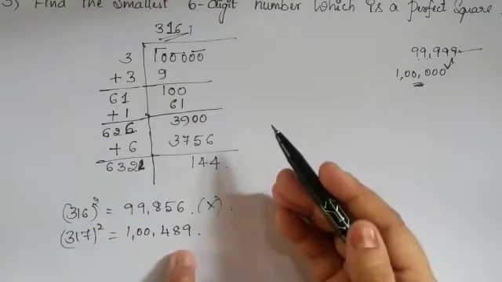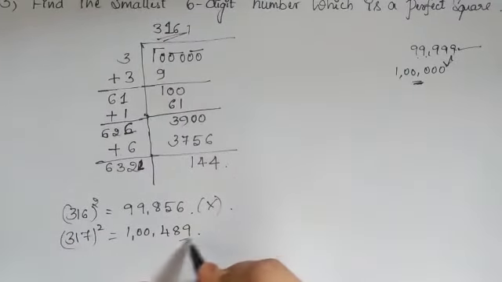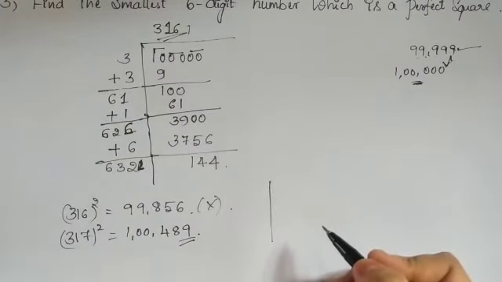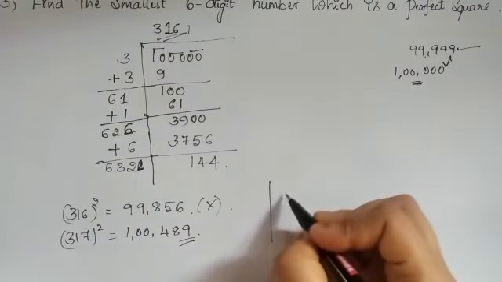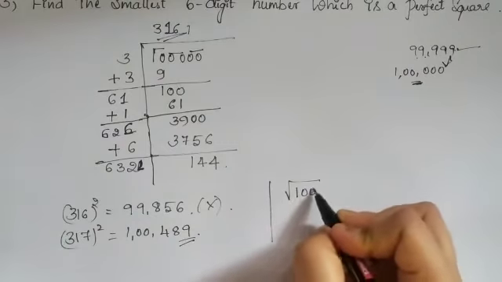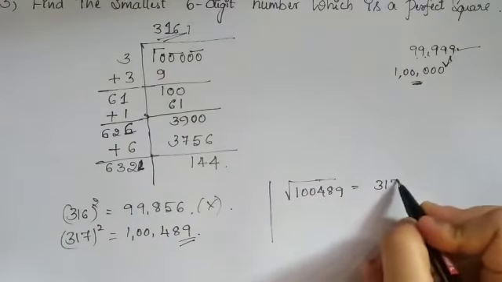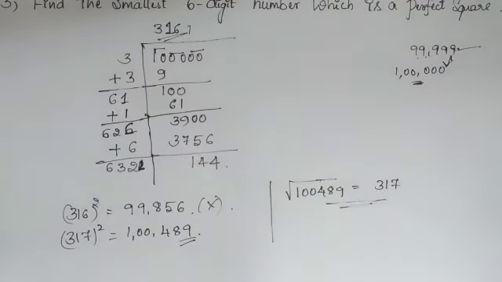This number is a perfect square number. So the smallest perfect square number that is a 6-digit number I can write as 100,489. The square root of 100,489 is 317.